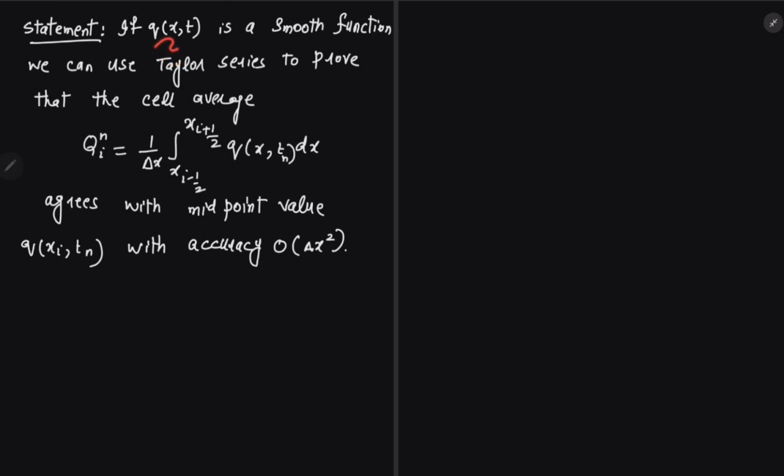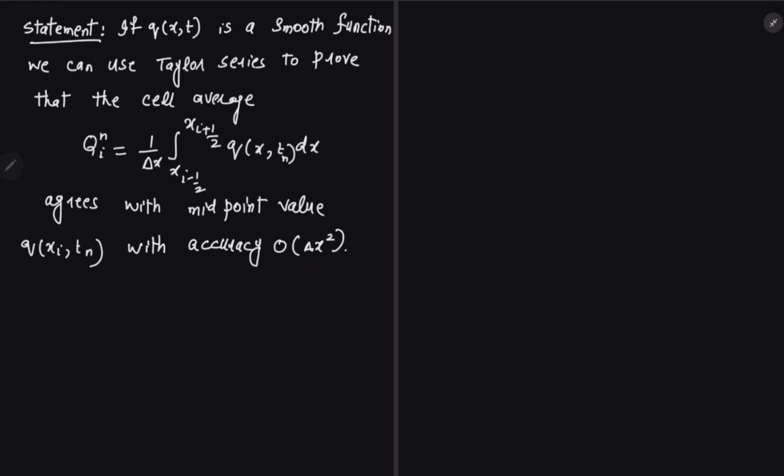The question is, if q(x,t) is a smooth function, it means that we can differentiate this function as many times as we like, and these derivatives are continuous. Then you can apply Taylor series to prove that this cell average has order of delta x square.